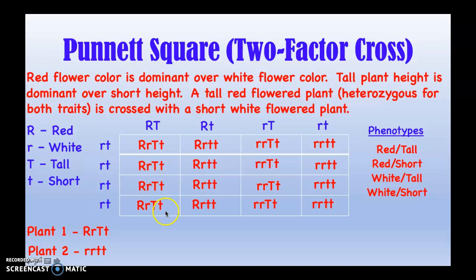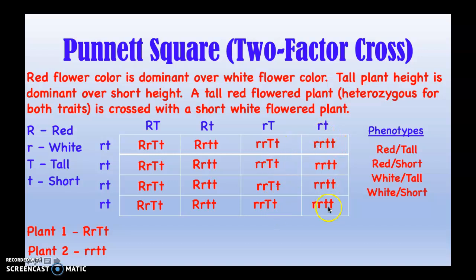You can see all 4 in this column have a big R and a big T, so therefore they're going to show both dominant traits. We go to the second column, there are no capital T's, so these are going to be short with red flowers. We go to the third one, these are all going to have white flowers, but are going to be on tall stems.